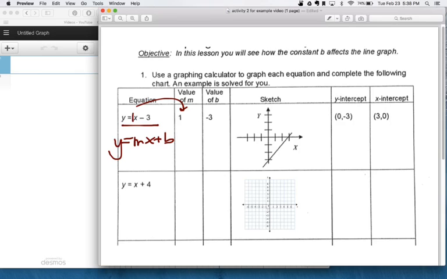Now for the value of b, what's important for you to remember is it's y equals mx plus b. I have a subtraction sign here, which is a problem. If I want to turn this into a y equals mx plus b situation, I change subtraction to addition, and my 3 becomes negative. That is why my b is a negative 3.